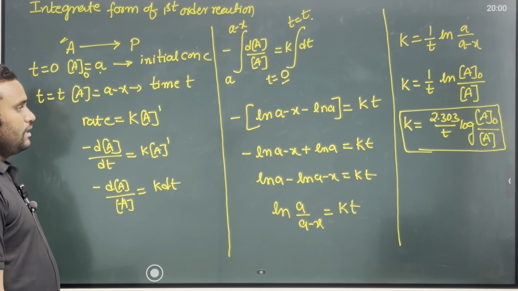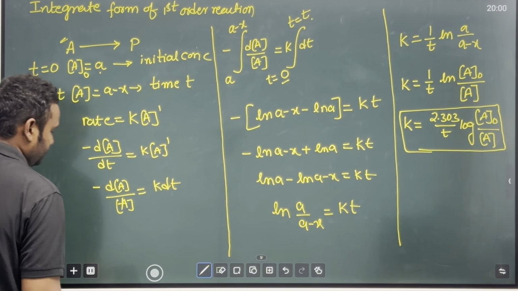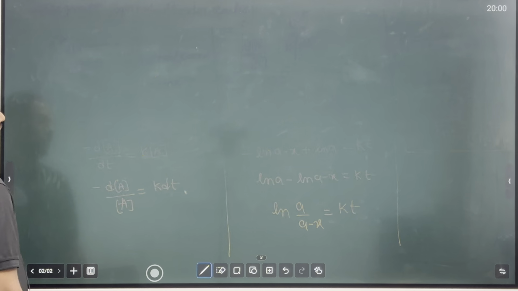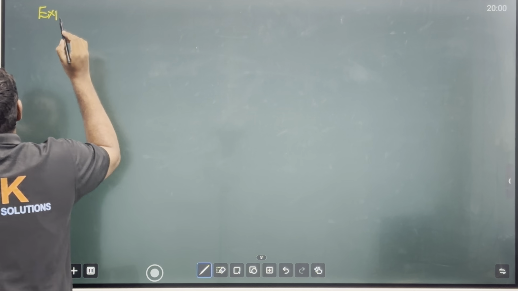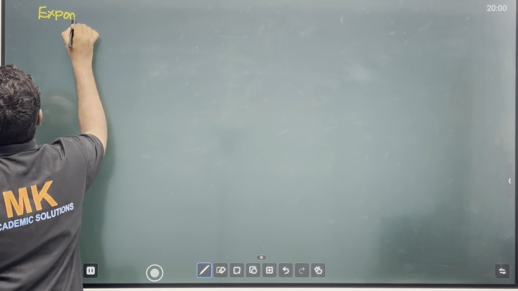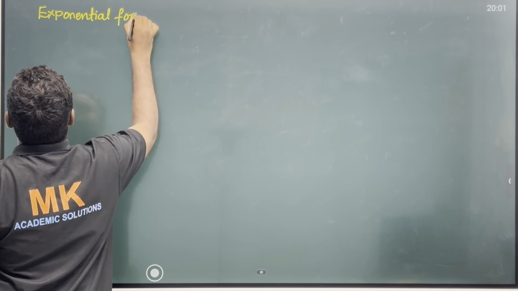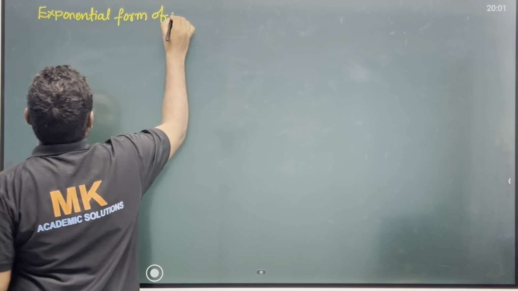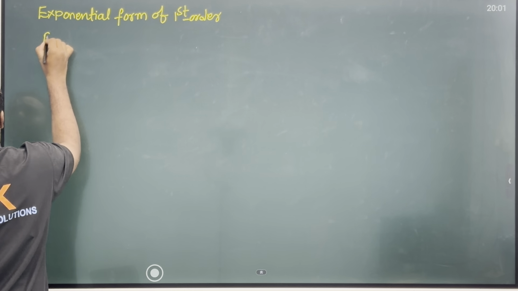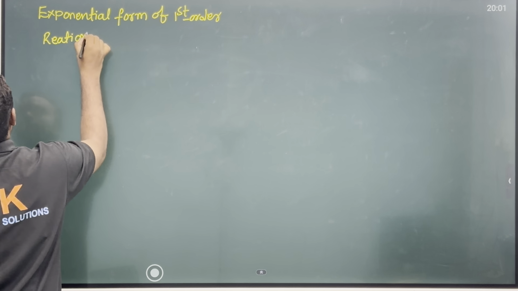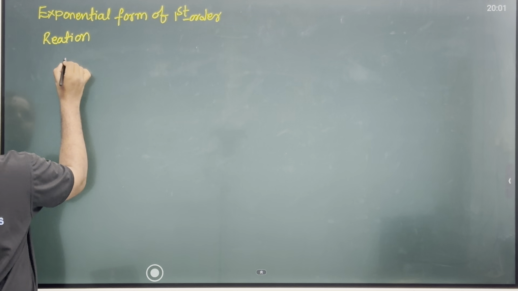And now let us discuss the exponential form of first order reaction. So what is the equation we got here, children?